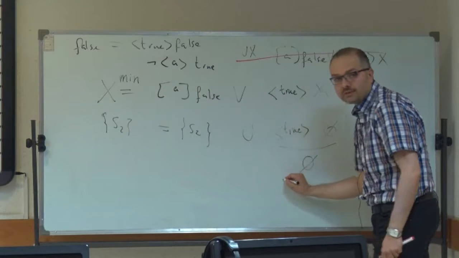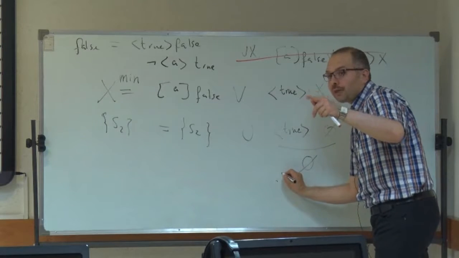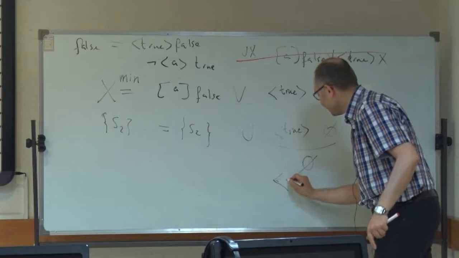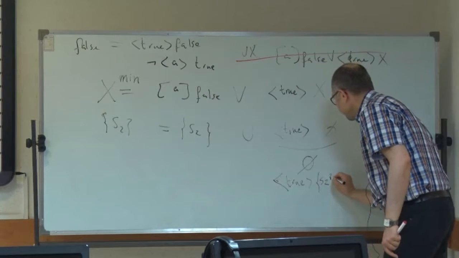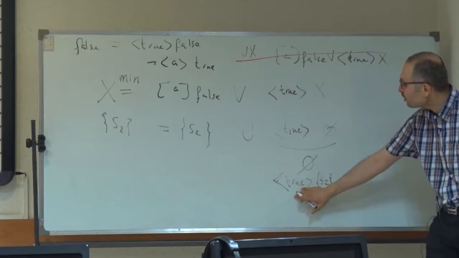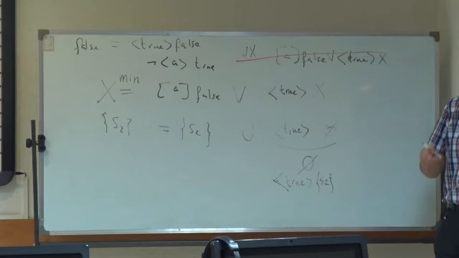I write it here. Is it visible from the back? Also from that back? Yes? So diamond true S2. From which state is it possible to do something and end up in S2? What did you say?